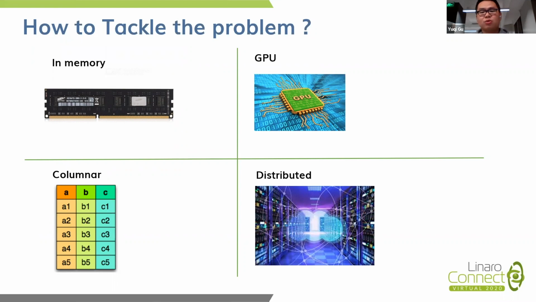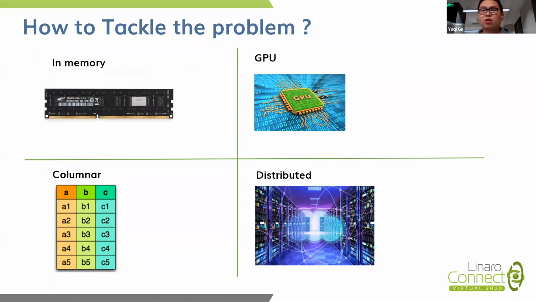The columnar data can also be used for GPU vectorized processing. And we also can leverage distributed systems. We can take advantage of scalability in a distributed system. Also, a distributed system has faster calculation speed and high fault tolerance.